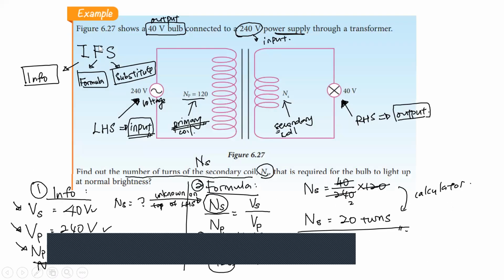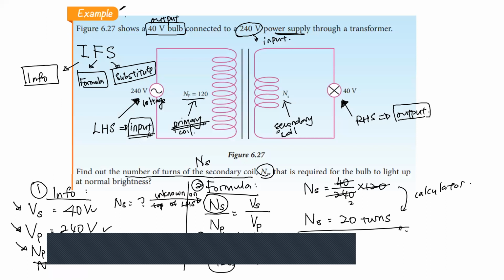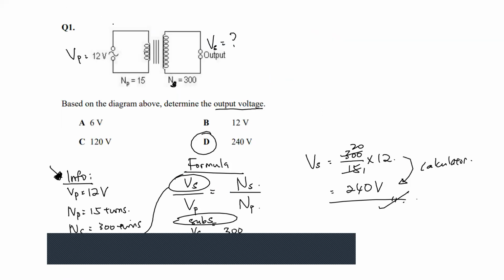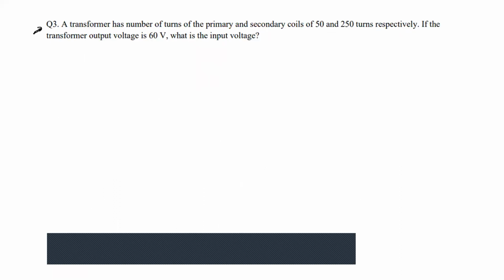So this is example 1, example 2, and this is example 3. So question 1, example 3, then question 2, question 3.